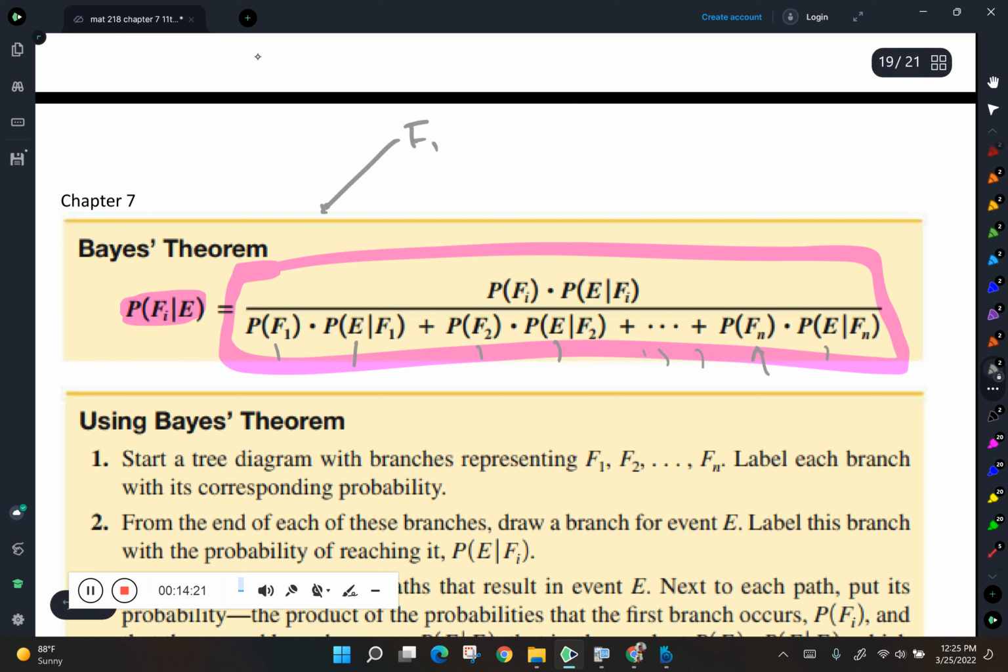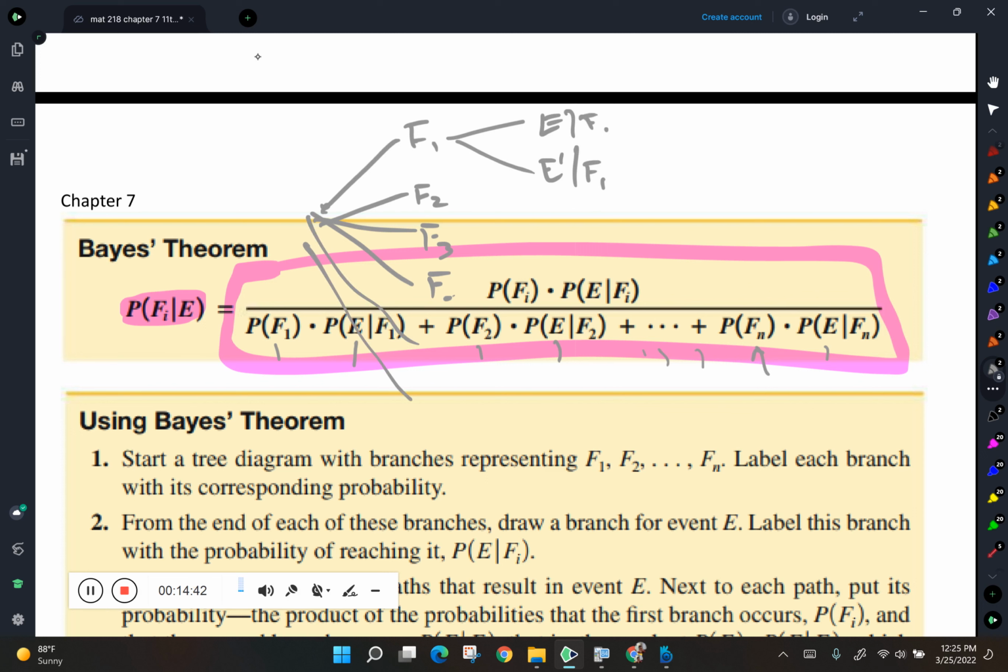There's F1, and then there's F2, and then F3, and then F4, and so on and so forth. But the second stage can only have E and not E in it, because it's only allowed to have two options, but one event. Either it occurred or it didn't occur in that second stage.